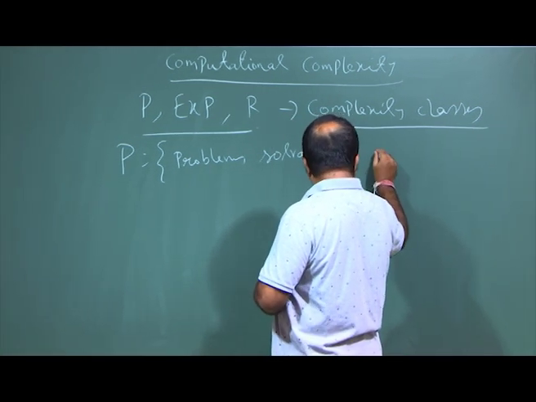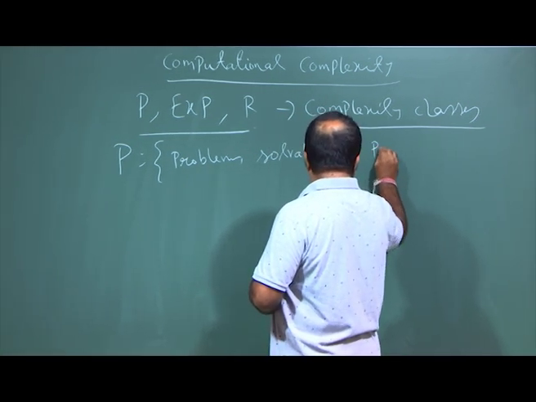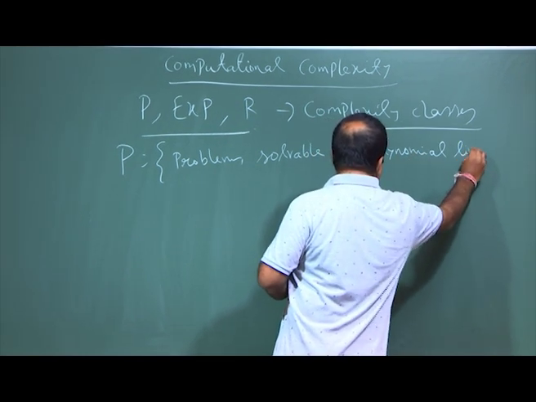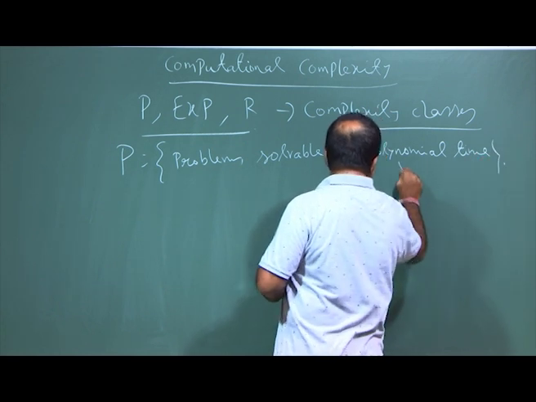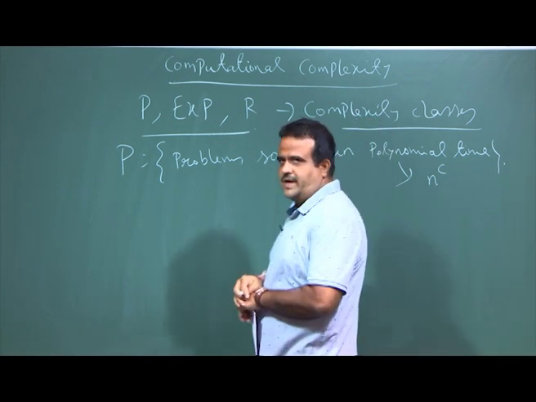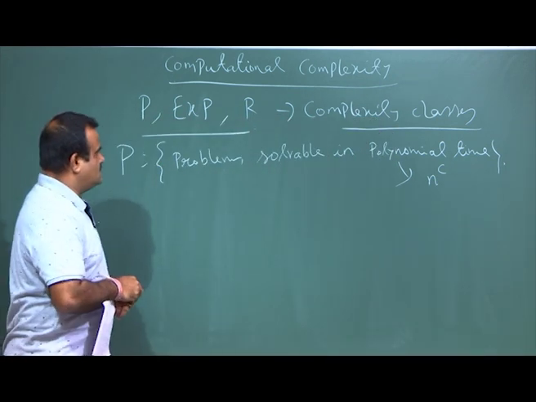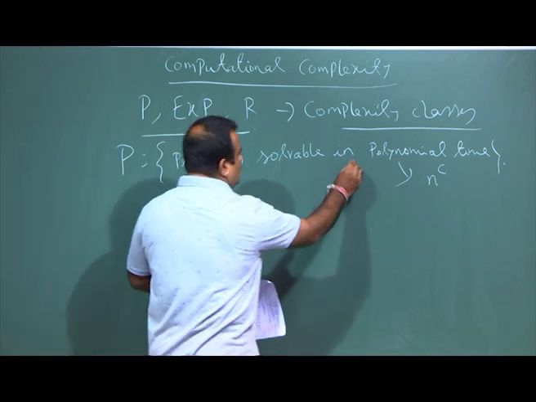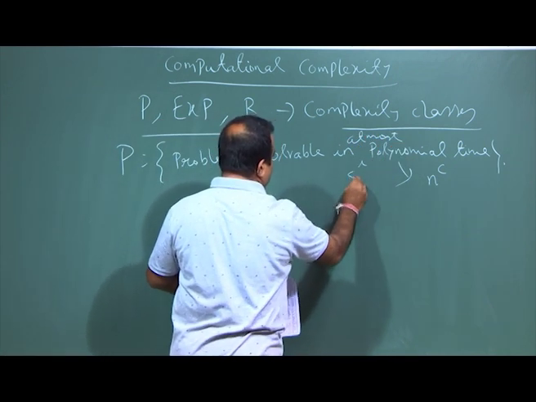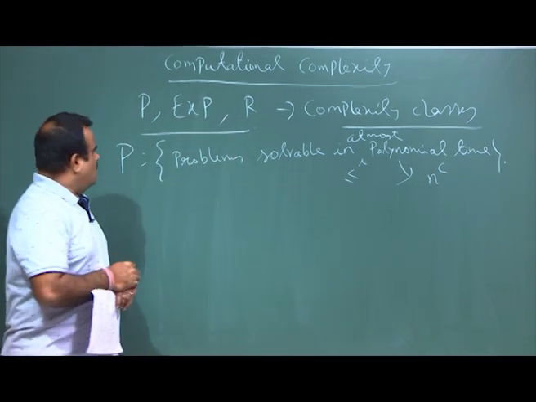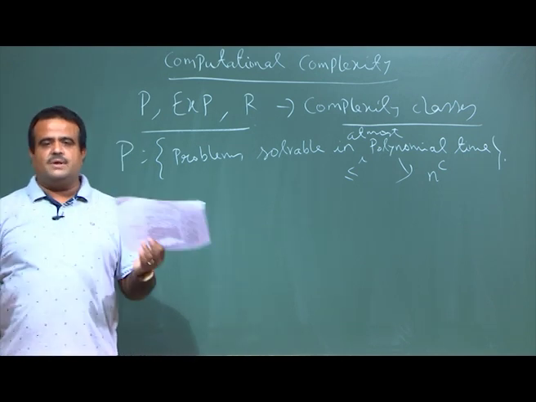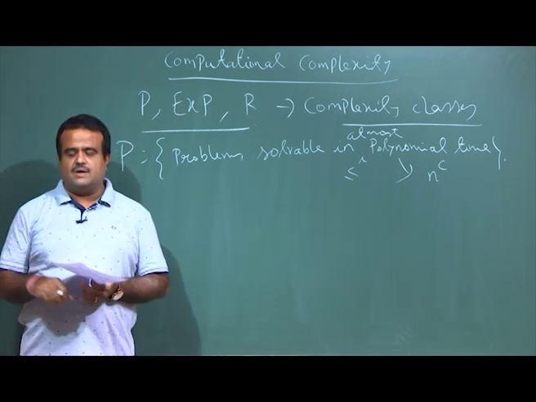Polynomial time means the complexity is some n to the power c, where c is a constant, and this is less than or equal to, at most. So this is the class where we consider all the problems which can be solved in polynomial time.